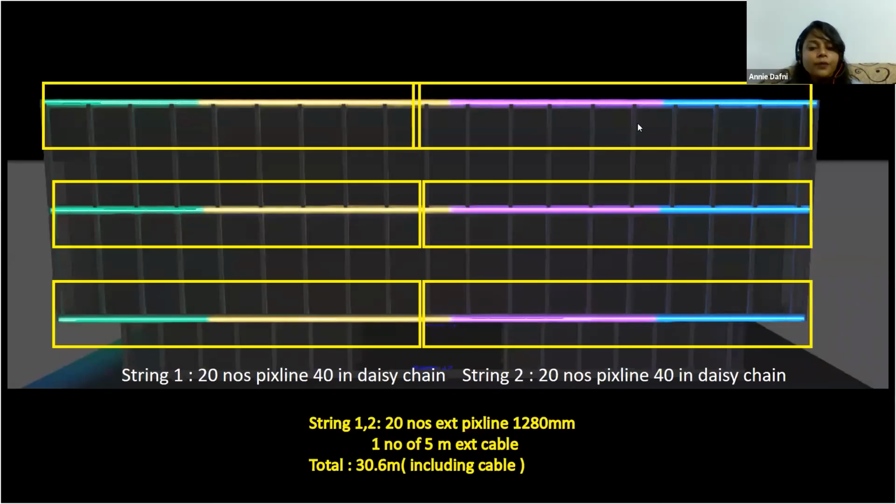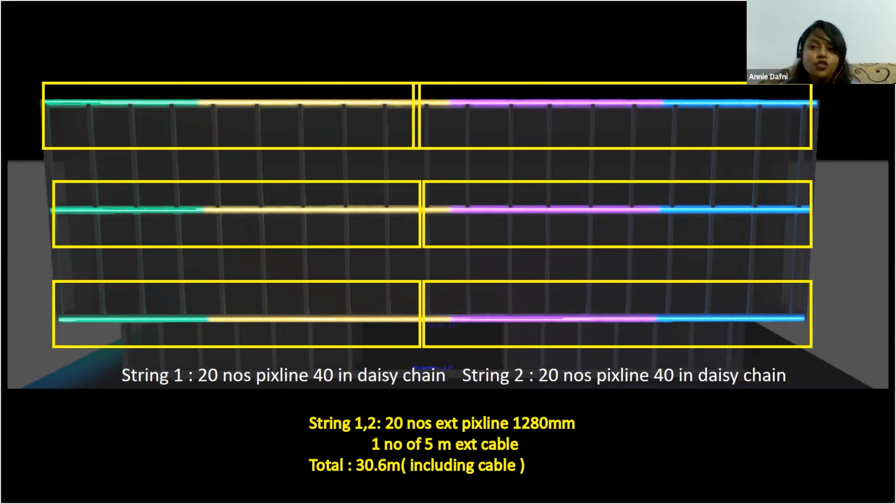In this example, I'm using the Exterior Pixline 40, and since you can only do a maximum of 27 meters in one chain, I can connect a maximum of 20 fixtures. Each row here has 40 fixtures, so I'm dividing them into two chains.